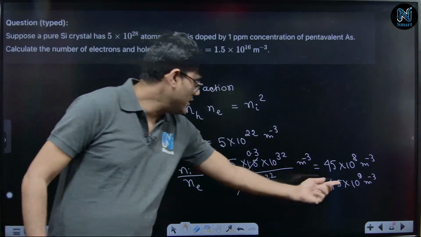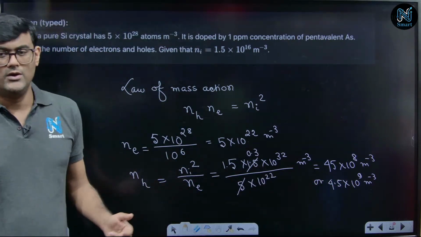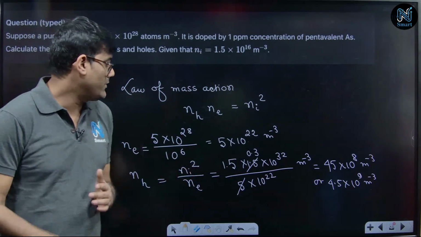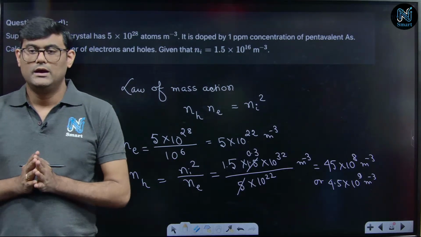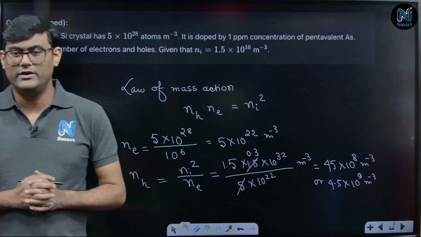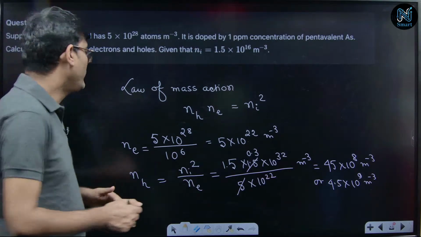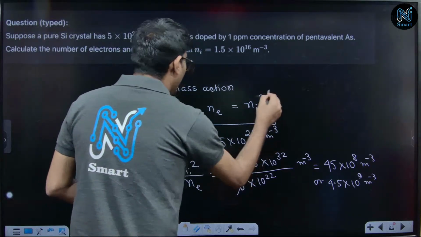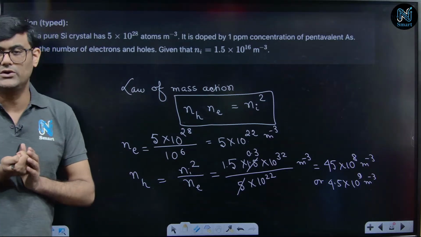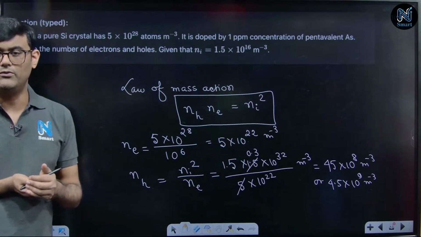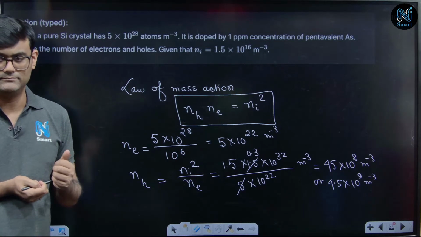In holes, it is in the order of 10 power 9, whereas in electrons it is in the order of 10 power 22 per meter cube. I hope you understood this particular question, and don't forget this law of mass action, okay? This is going to help you if this type of question appears in your exam.